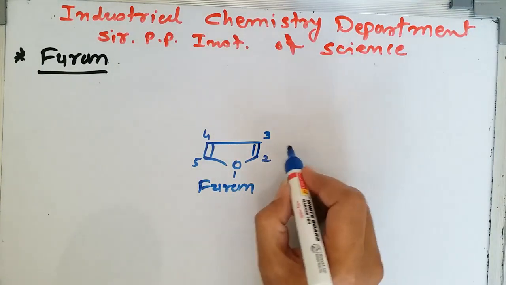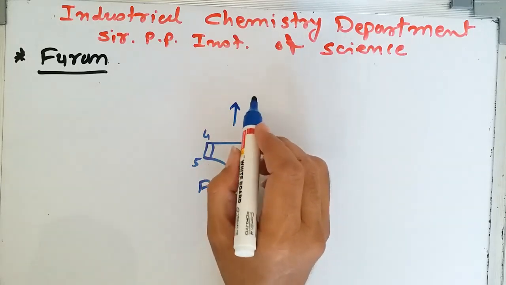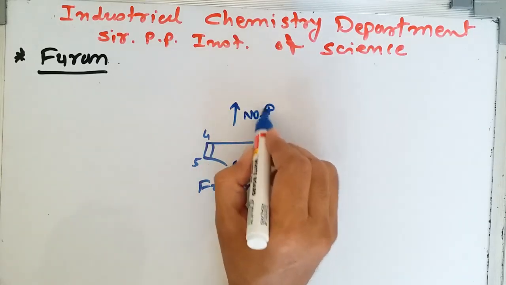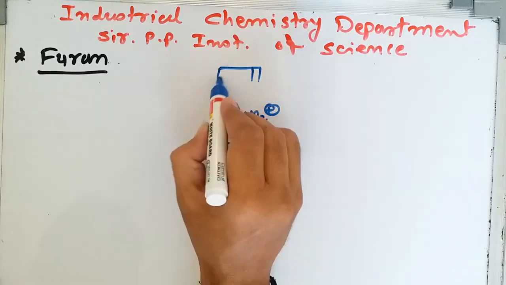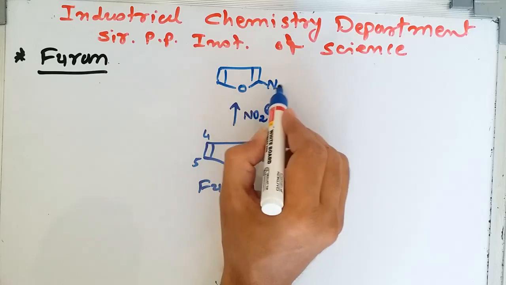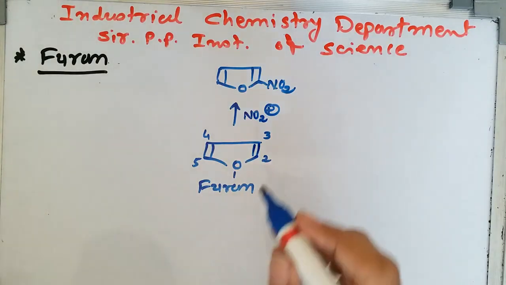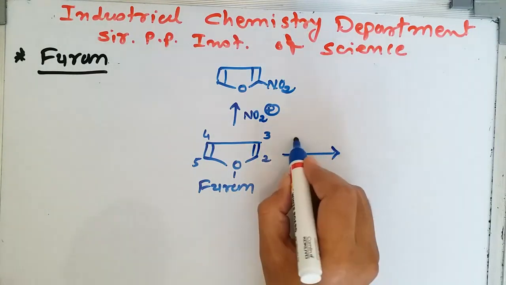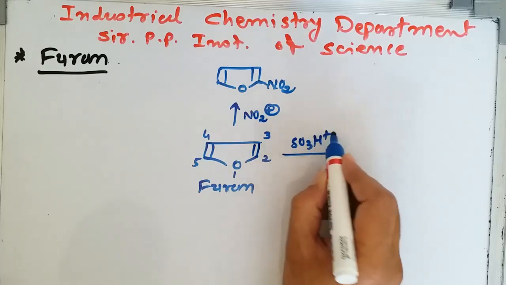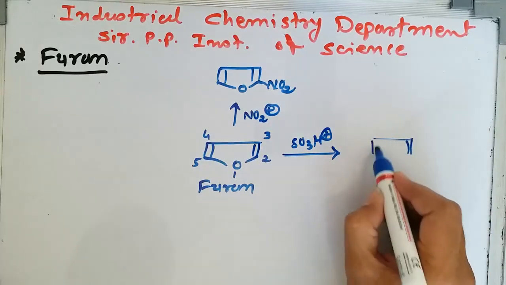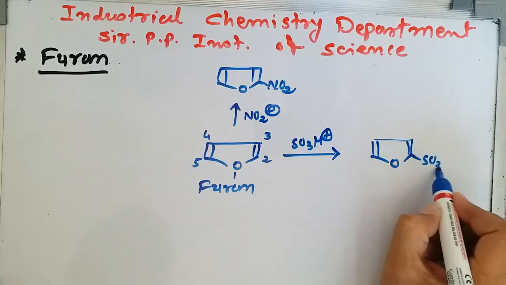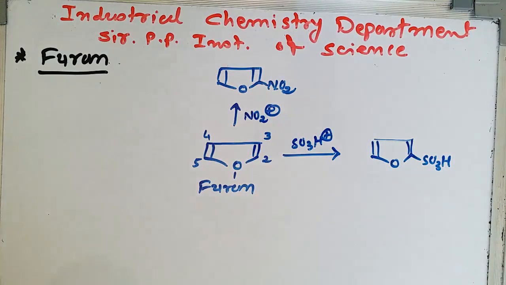As an example, first of all we see nitration. So we get 2-nitrofuran. This is position 2 nitrofuran. If sulfonation takes place, then position 2 SO3H, so 2-furan sulfonic acid.